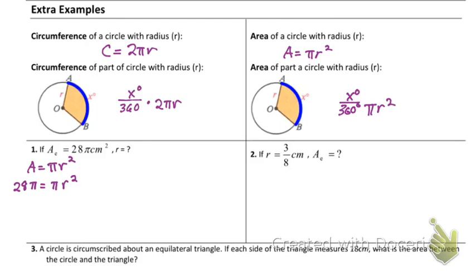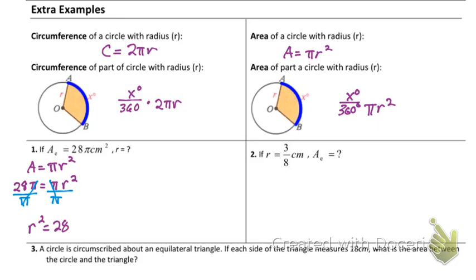So the first thing I would do is divide by pi to get rid of my pi's. If I divide by pi on both sides, both of those turn to 1, and I'm just left with r squared equals 28. Well, to get rid of a square, you're going to take the square root of both sides.